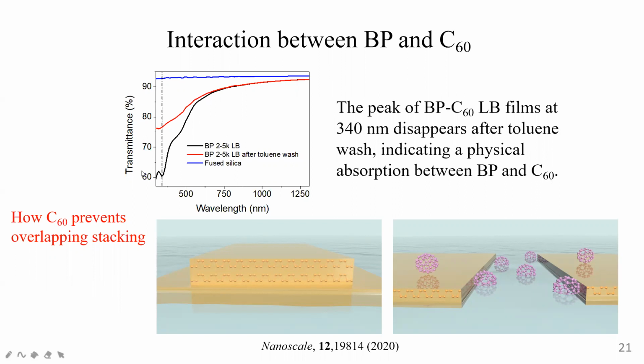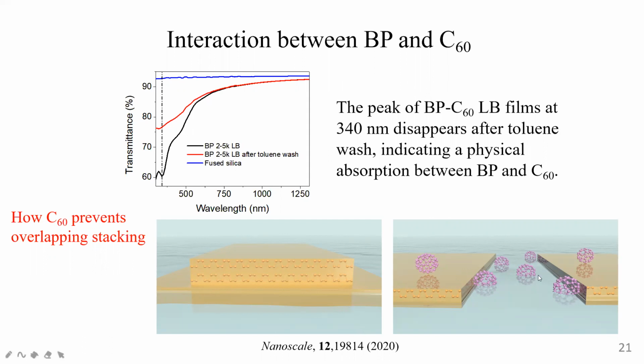And with this result, we have proposed the mechanism of how fullerene prevents overlapping stacking. Since black phosphorus is hydrophobic, it tends to overlap at the water surface in order to reduce the contact area.